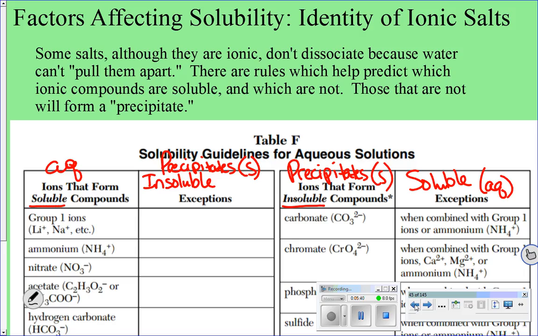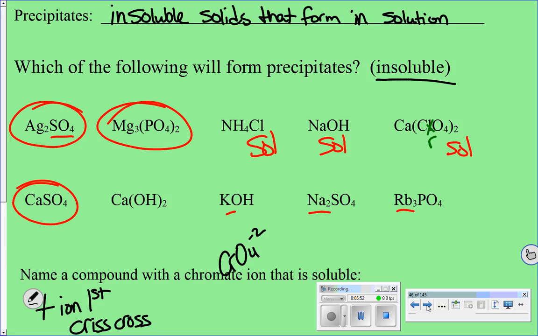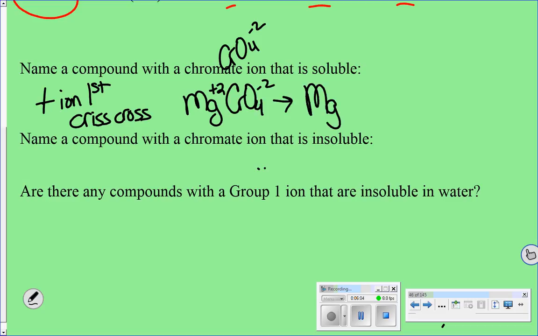I want to find something that is soluble. A lot of the time chromate is insoluble, so I want to pick an exception. I could pick something from group 1. I could pick calcium, magnesium, or ammonium. I'm going to write a couple different ones. I'll write one with magnesium. Magnesium is nice to pick because its charge is +2. So when you crisscross this, you get MgCrO4.